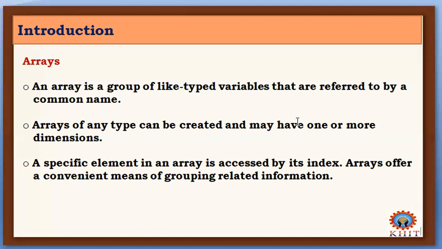That's why there is a provision called an index. We store the values at a particular index, and with that index we refer to each and every element stored in the array.